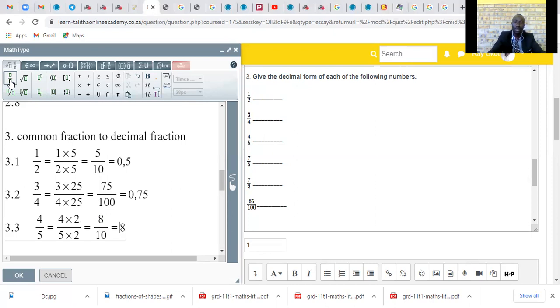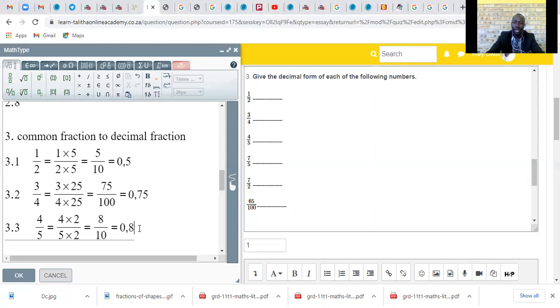But notice, because we have one 0 here for the 10, we put a decimal point there, then the 8. For question 3.2, we could not find a way of expressing 4 as a 10, because that would mean we have to multiply 4 by 2.5, which is already a fraction, and we want to avoid dealing with that.